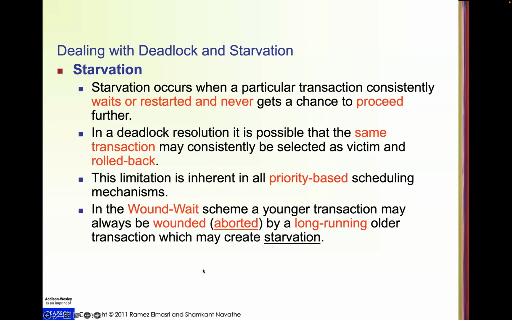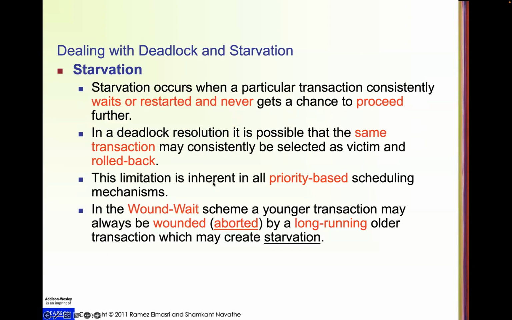The same situation can happen with transaction T3 and transaction T2. And transaction T2 is again selected to roll back and T3 executes. So now here, the transaction is not proceeding. It is not running. It is every time picked up as a victim and rolled back.